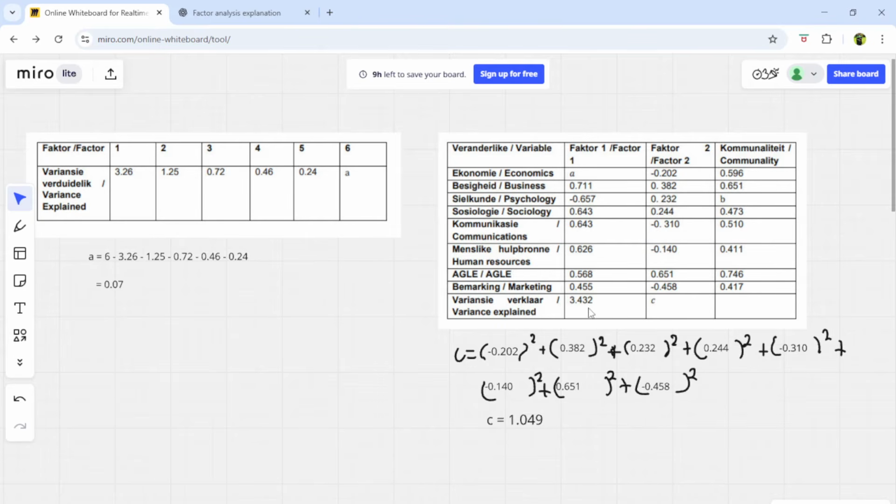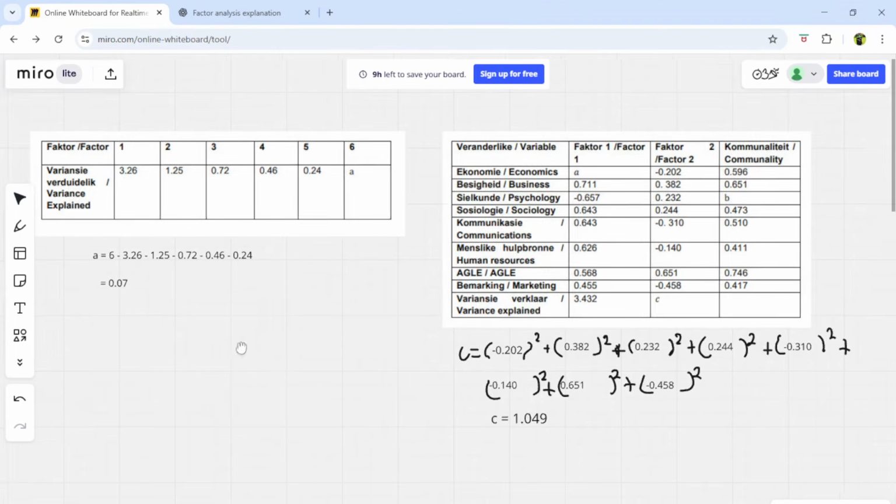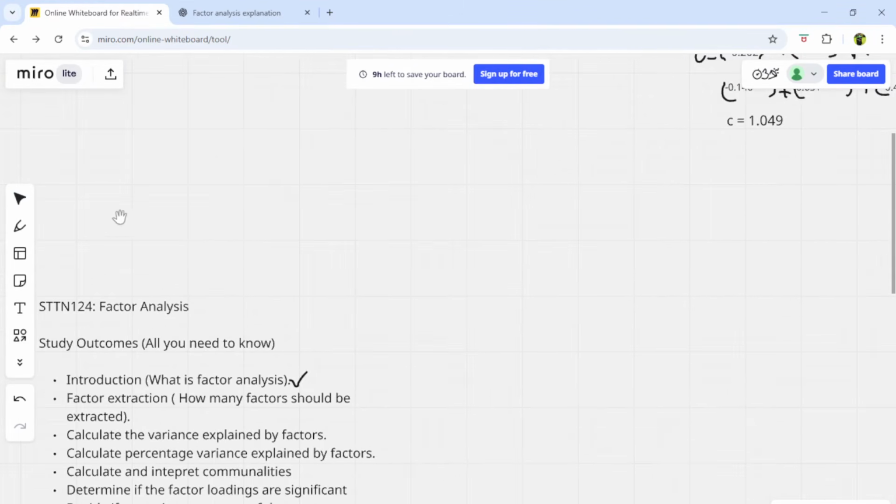So variance explained by factor 1 is bigger than variance explained by factor 2. Always remember to put these numbers in brackets, you square them, then you add them as you go down. So that is how you calculate the variance explained.